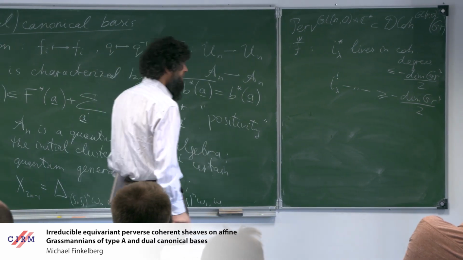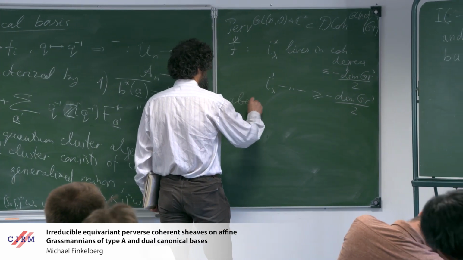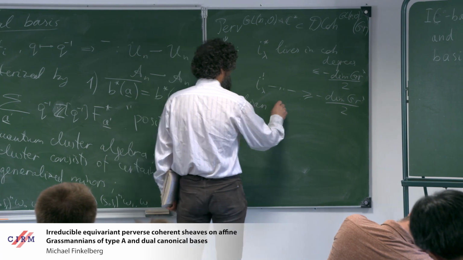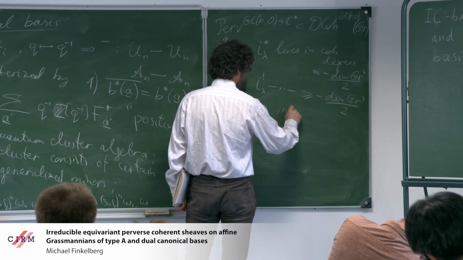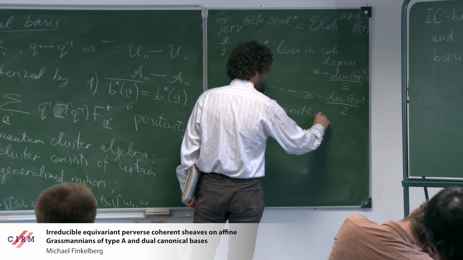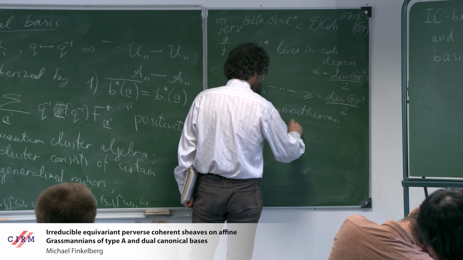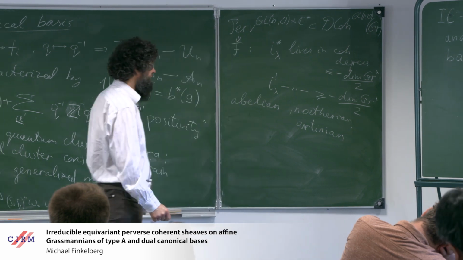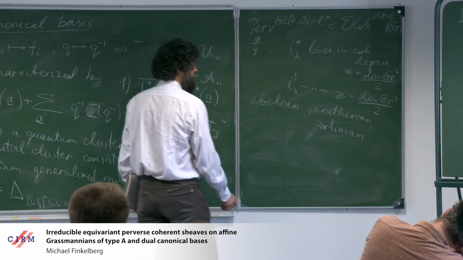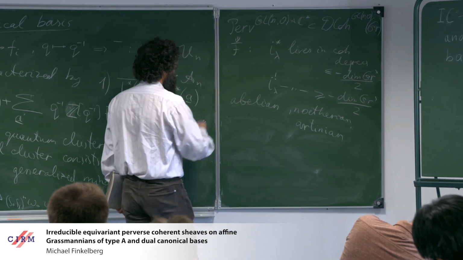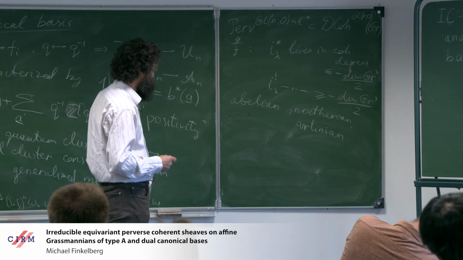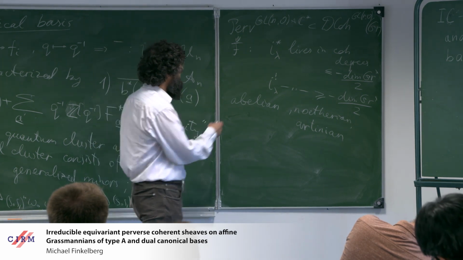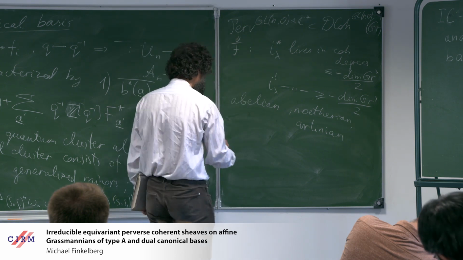Okay, and this is an abelian category. And in fact, it's also Noetherian and Artinian, just like with the usual constructible perverse sheaves. So it has a lot of irreducible objects, and they form a basis in the equivariant K theory.